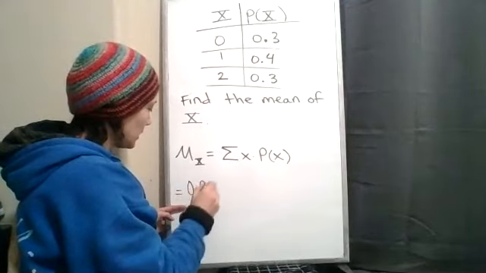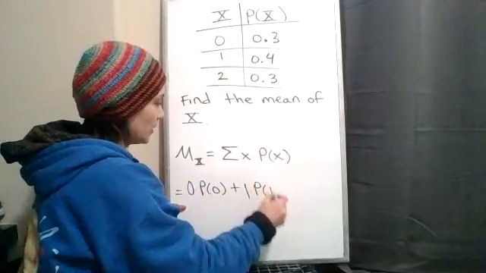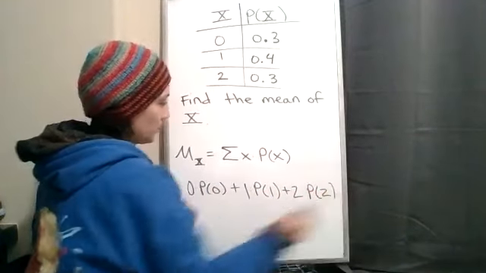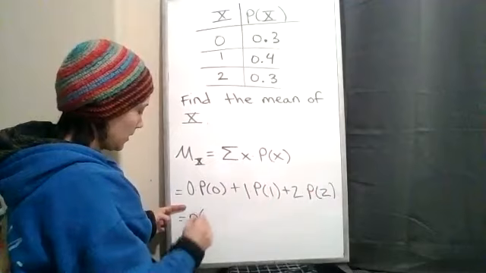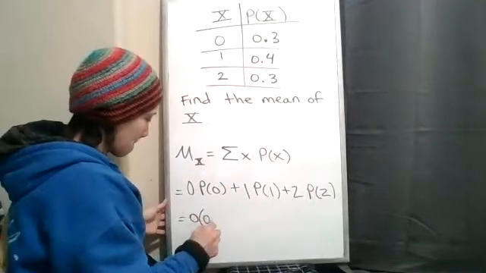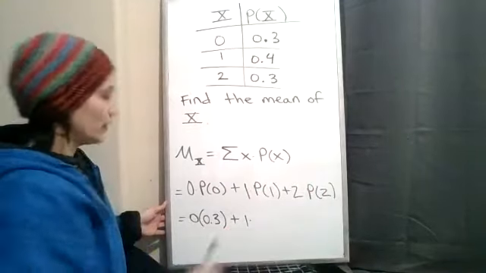0 with probability 0. 1 times probability 1. Add 2 with probability 2. 0 times 0.3. 1 times 0.4.